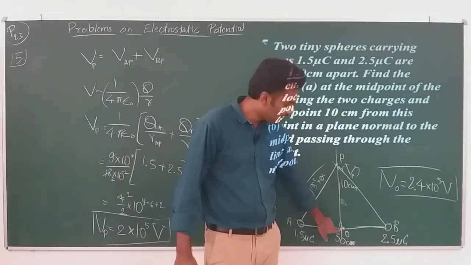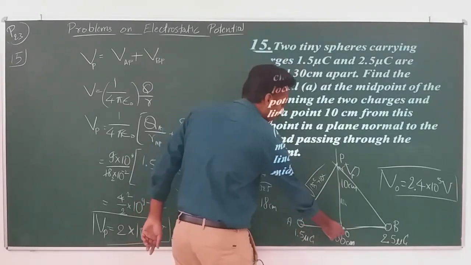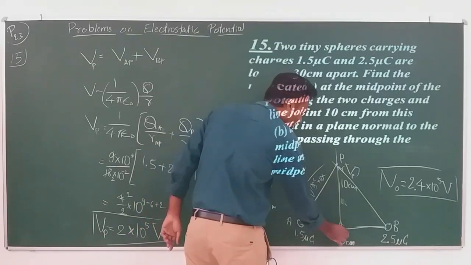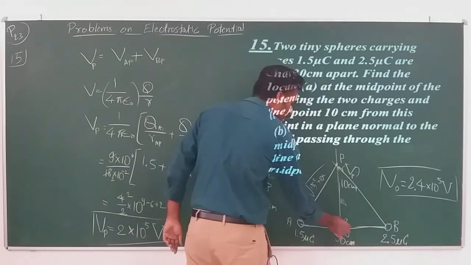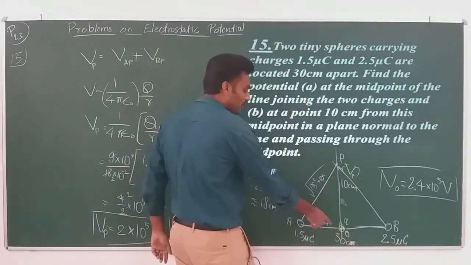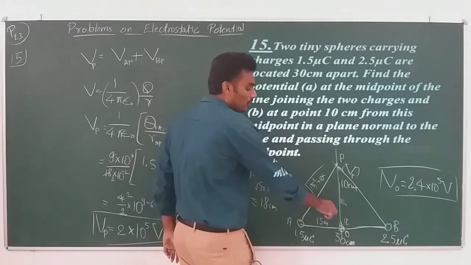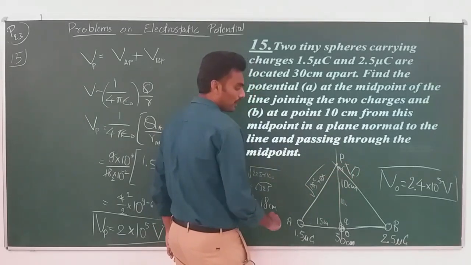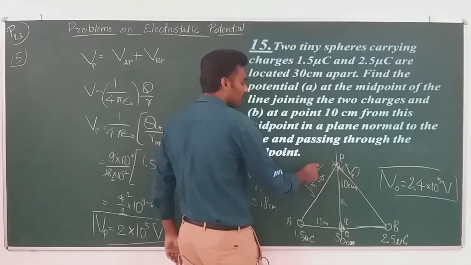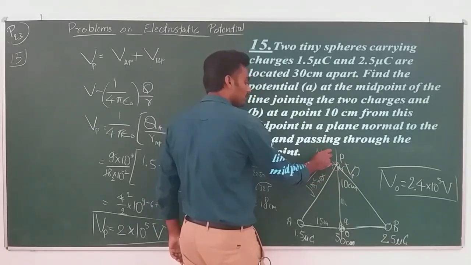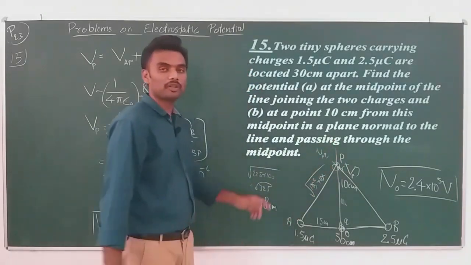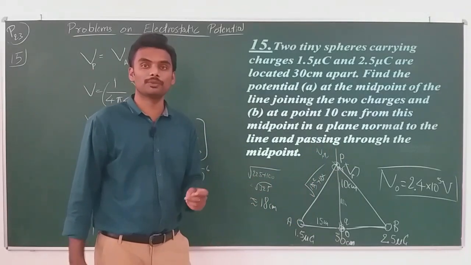So potential at this point is VO. Therefore, if you keep a small charge q at this point, it will have the potential energy VOQ, and at point P it will have the potential energy VPQ.